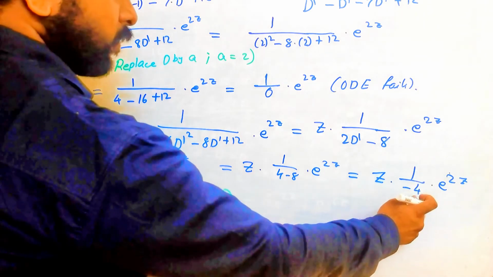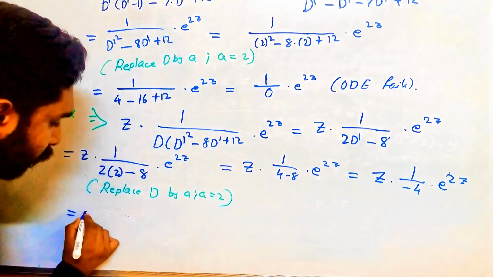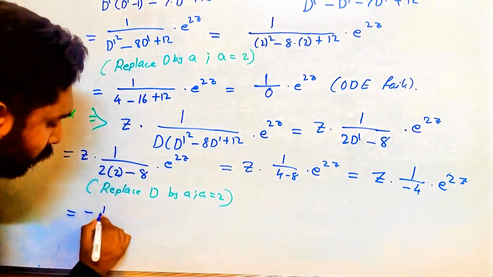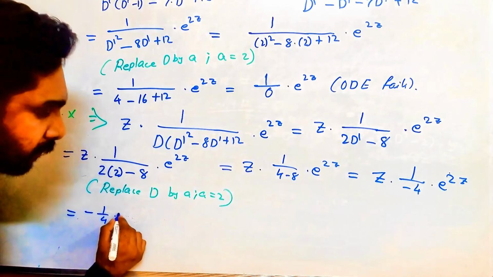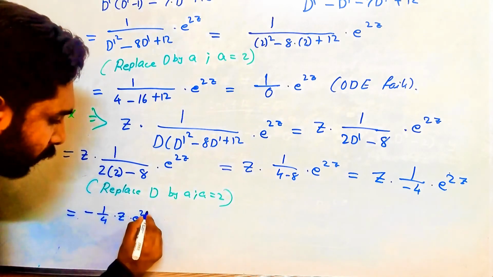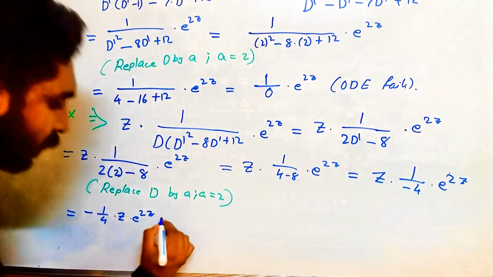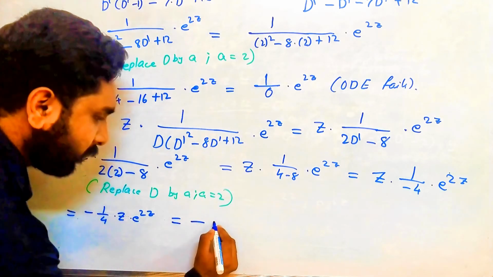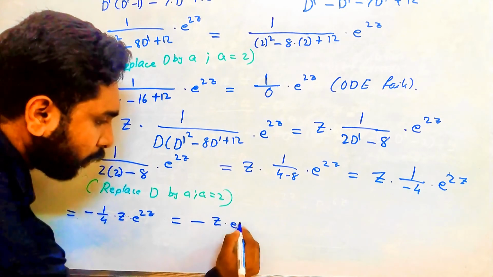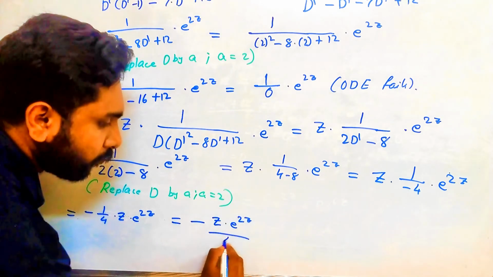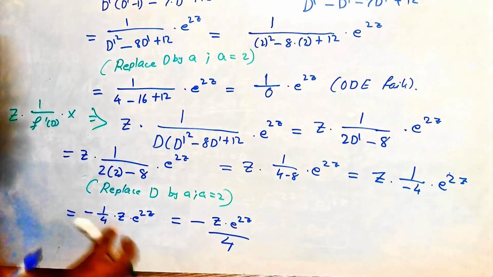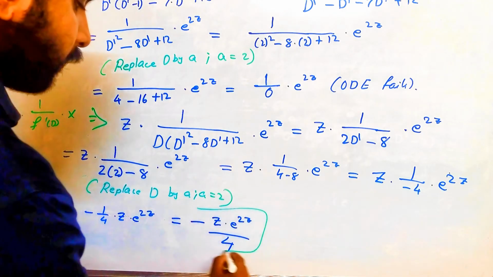As 1 by minus 4 is a constant term, I am taking it out first: minus 1 by 4 into z into e to the power of 2z. So this is the particular integral. I can also write this as minus z into e to the power of 2z by 4. So this is the particular integral.